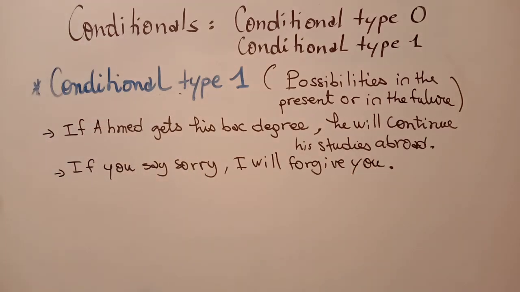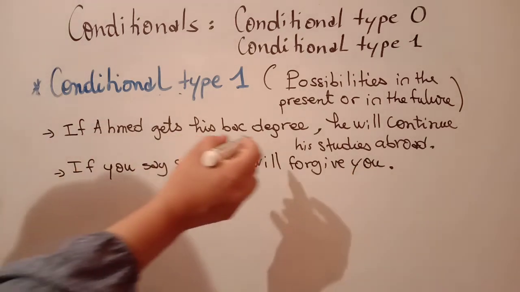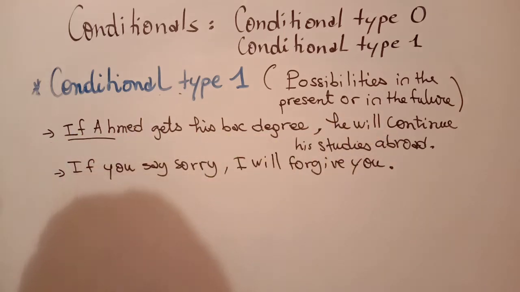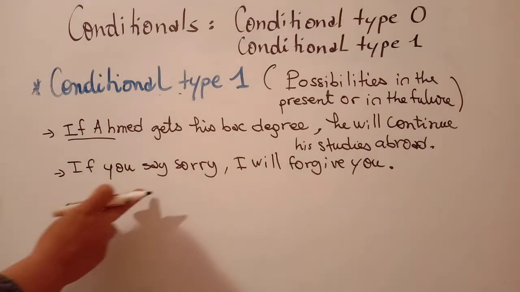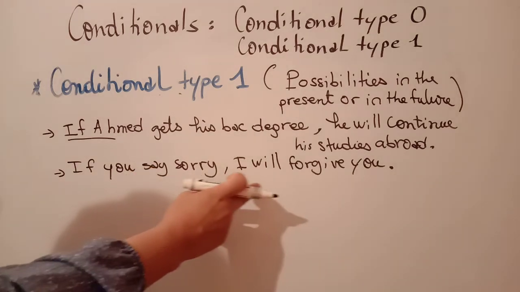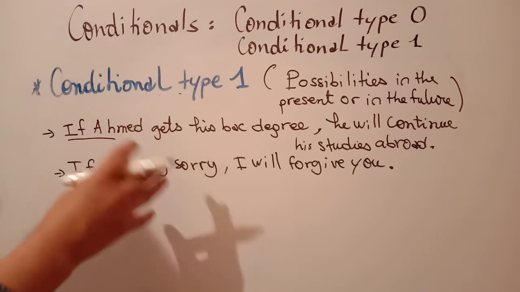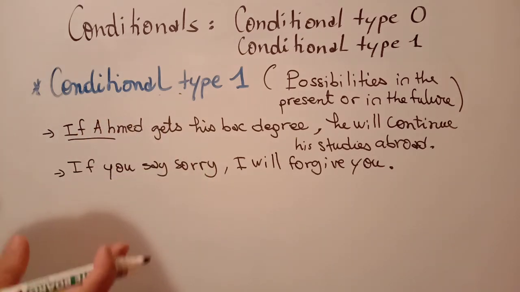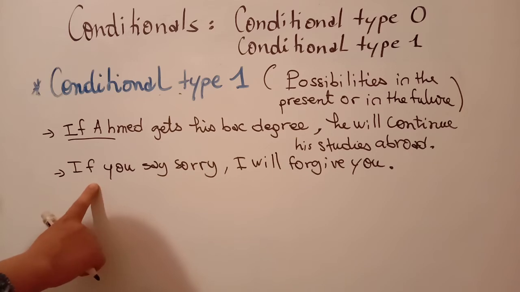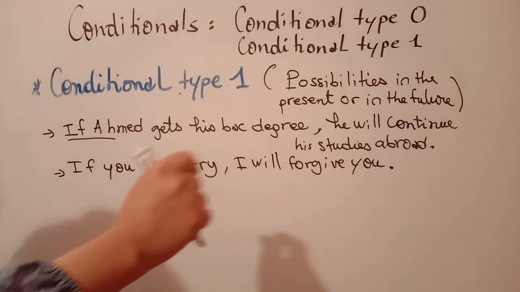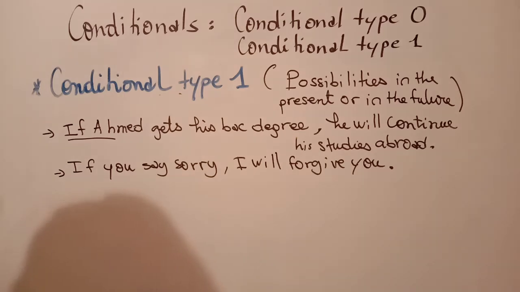Okay? So here, as you see, we have also the if clause and the main clause. If Ahmed gets his back degree is the if clause, he will continue his studies abroad is the main clause. If you say sorry, for example, now, I will forgive you. So in both examples, you have possibilities either in the present like example number 2 and in the future like example number 1. Now, what is the form of conditional type 1?